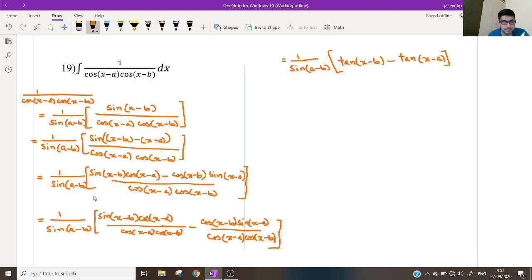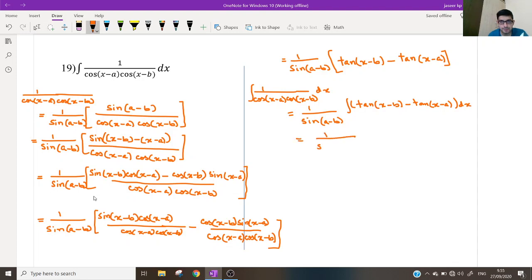So now we can integrate this. So integral 1 by cos x minus a, cos x minus b dx is nothing but 1 by sin a minus b, which is independent of x, so it will come out, tan x minus b minus tan x minus a dx. So that means it will become 1 by sin a minus b.